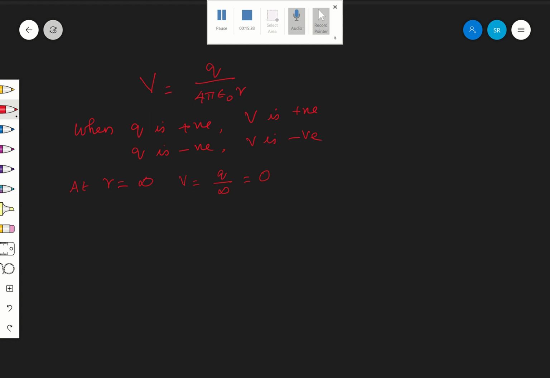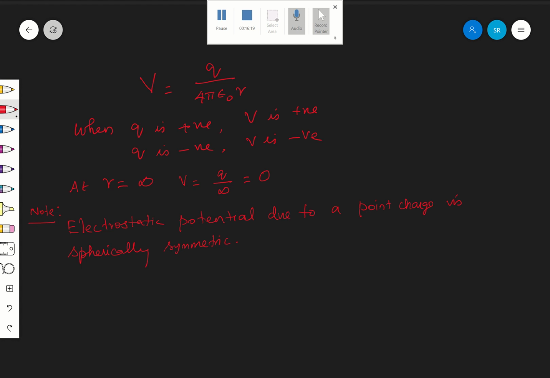One more very important thing. Note: electrostatic potential due to a point charge is spherically symmetric.